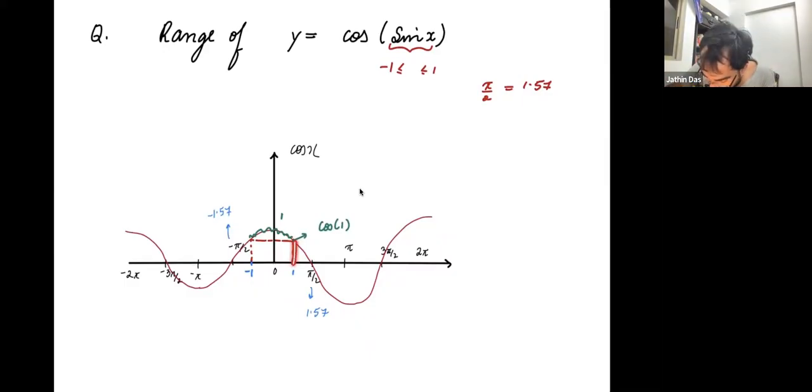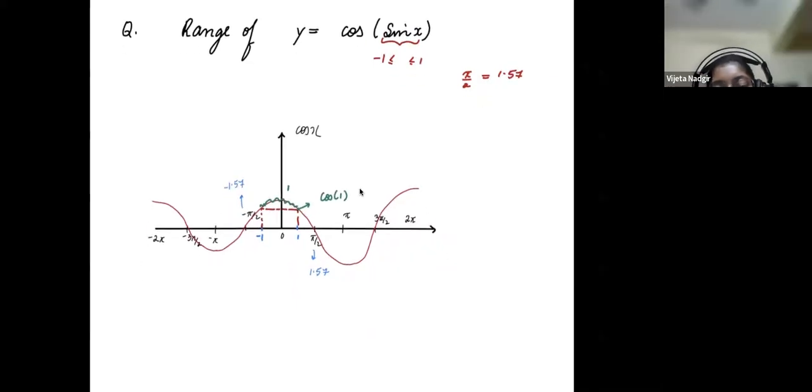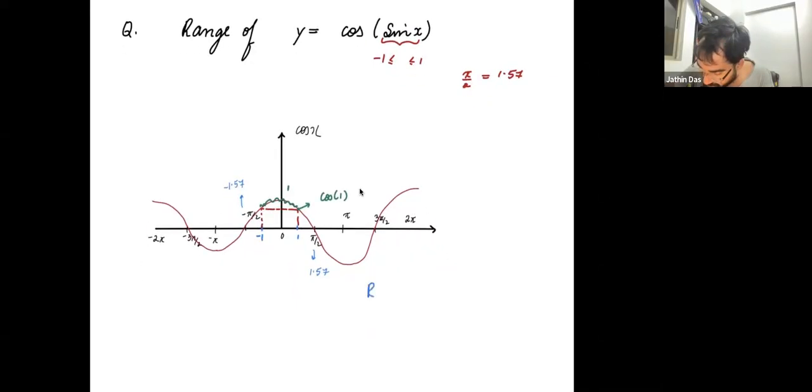You put 1 value here, what will it return? Cos of 1. So the range will be including, because there is an including here, cos of 1, comma 1. Clear here?